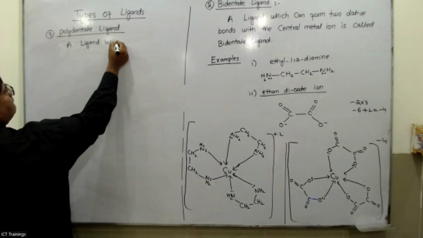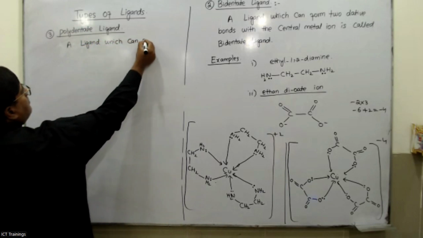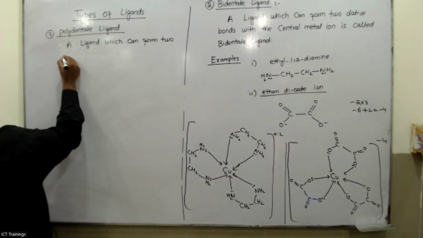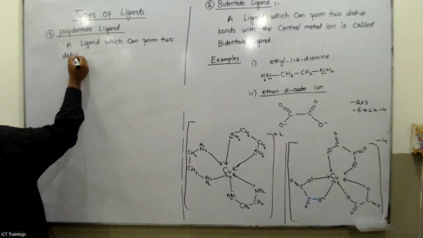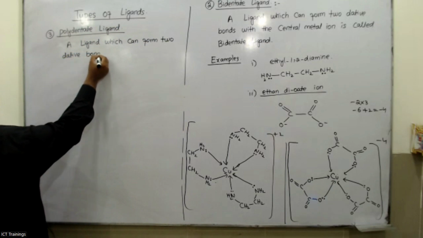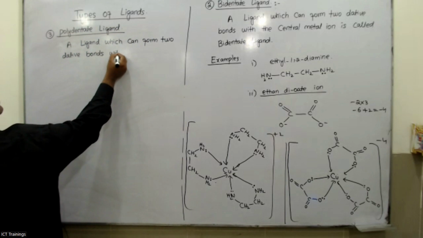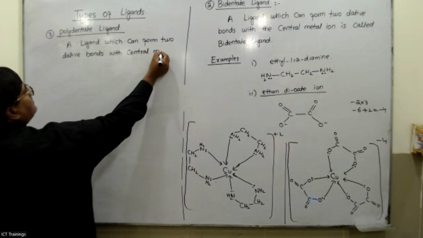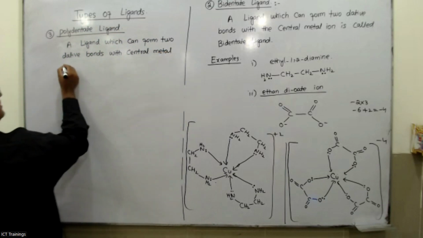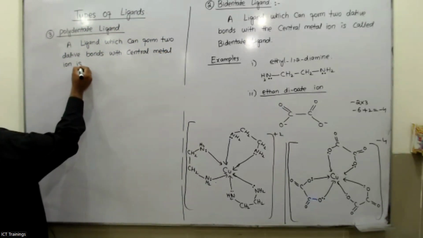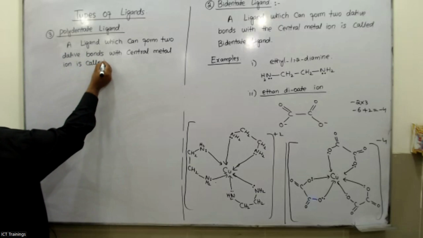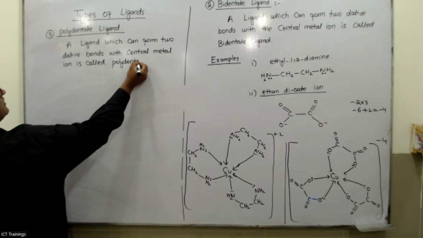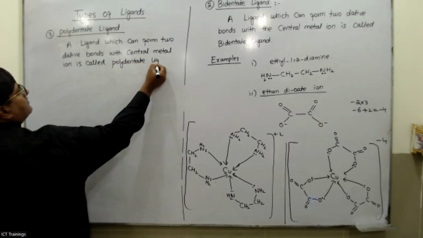So a ligand which can form many dative bonds with the central metal ion is called polydentate ligand.